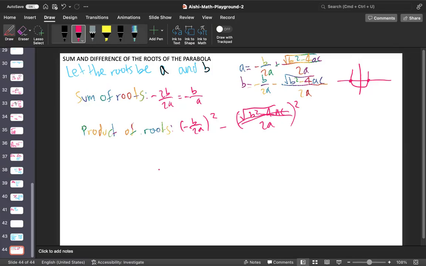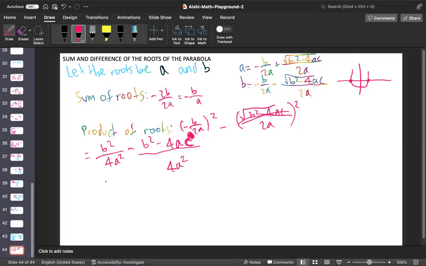So that would become b squared divided by 4a squared minus b squared minus 4ac divided by 4a squared.